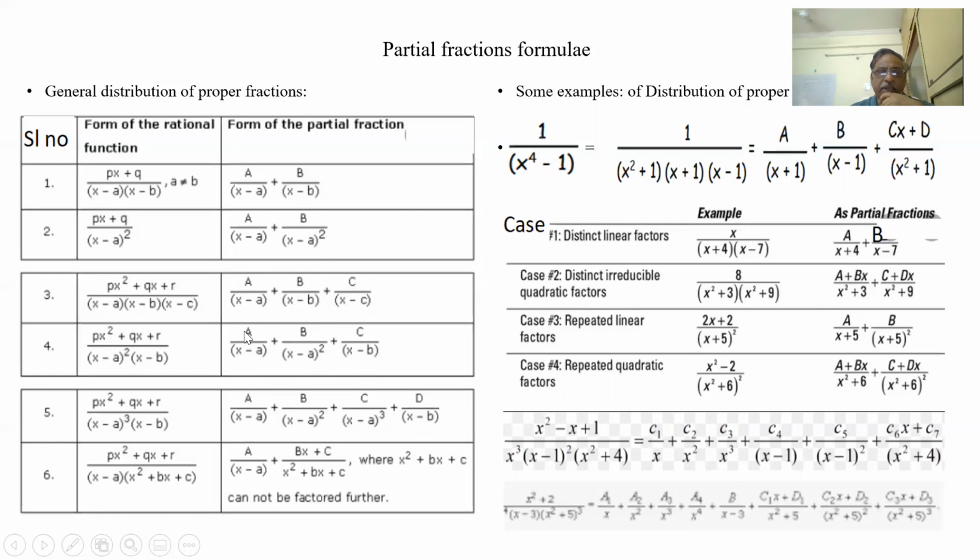B can be anything. A by x minus a plus B by x minus b plus C by (x minus a) whole square. So accordingly, the value will come. Here, with the whole cube, x minus b, (x minus a) whole square, (x minus a) whole cube, all forms will come in the denominator. Here, the Ax plus B form also will come. So it is just a recap of other things.